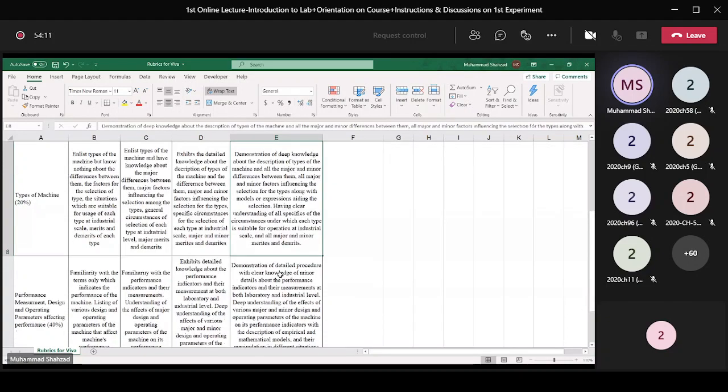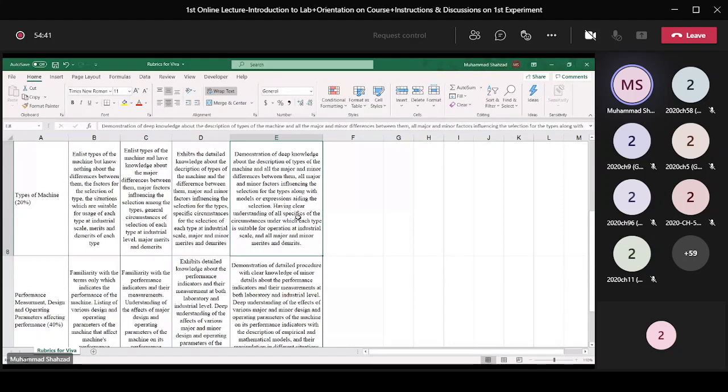And then there comes the second type of the machine. The exemplary, the maximum marks point is demonstration of deep knowledge about the description of types of machines and all the major and minor differences between them, all major and minor factors influencing the selection of the types along with the models or expressions. Models or expressions means equations which aid the selection.